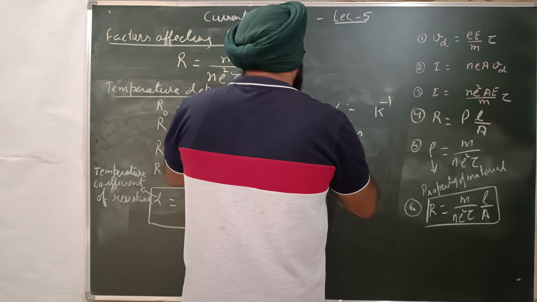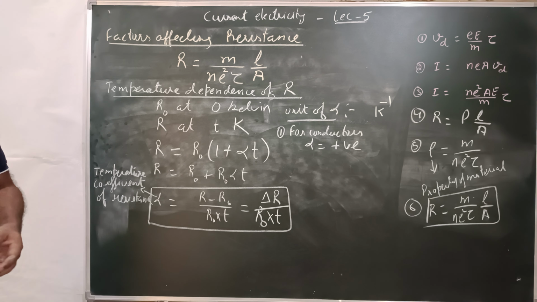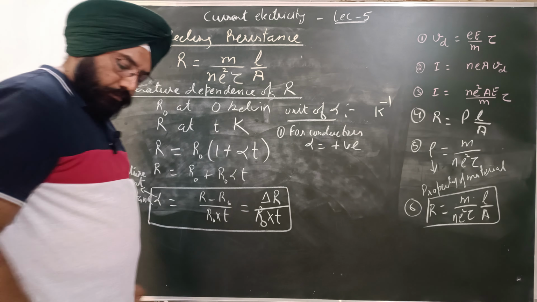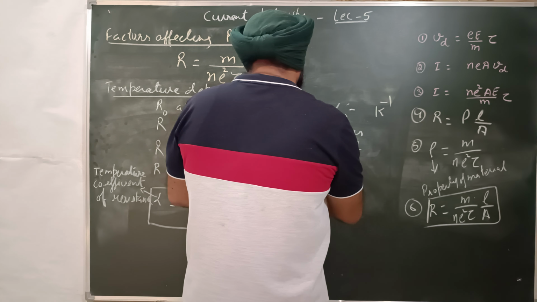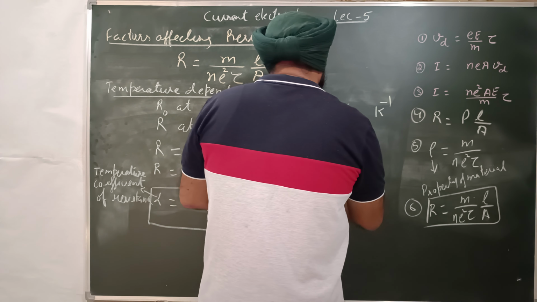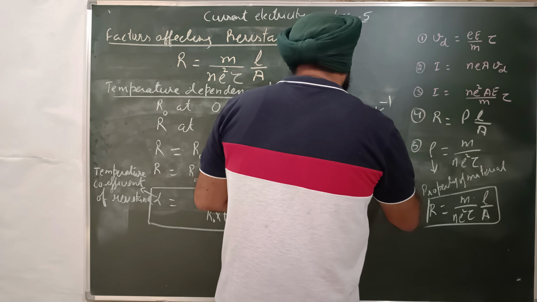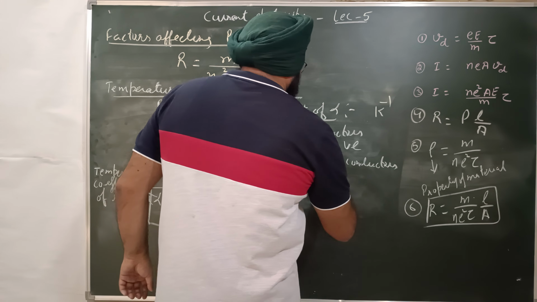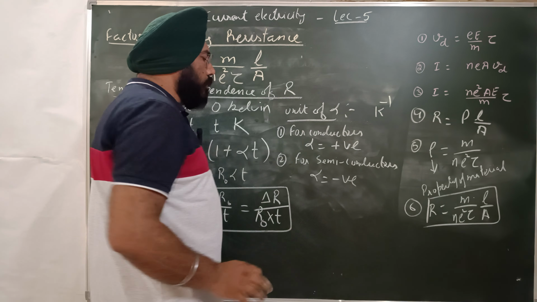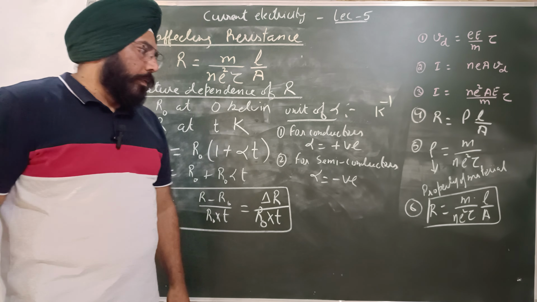For conductors, alpha is positive, and for semiconductors, alpha is negative. Alpha negative means there will be a decrease in resistance for a rise in temperature.